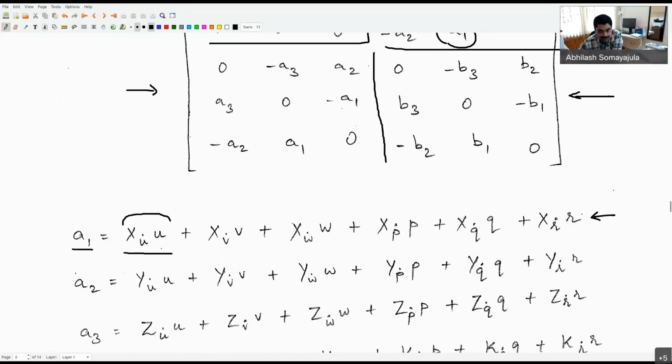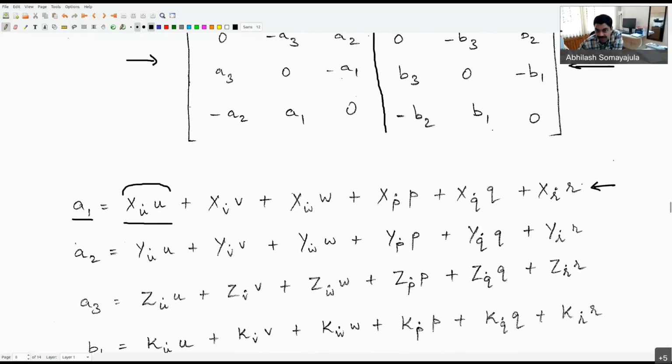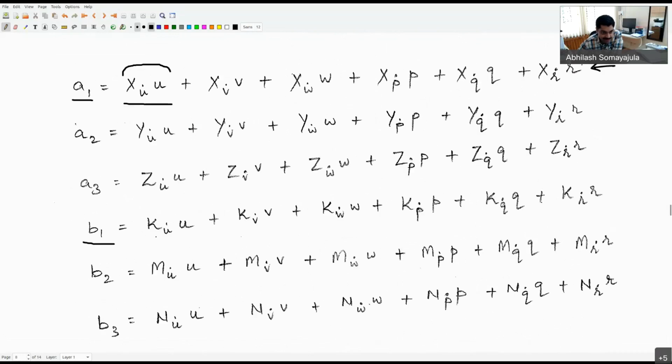Let's say, for example, any of the B terms, let's say B11. B1 here is getting multiplied by R. So I have Ku dot times u times R. That will be a force. Oh, sorry, that will be a moment, because this is the derivative of moment with respect to acceleration.